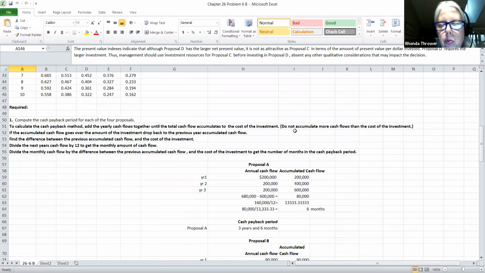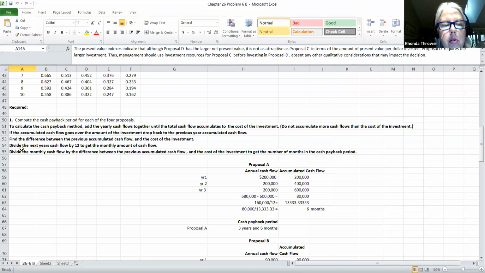We do not want to accumulate more cash flows than the cost of the investment. If the accumulated cash flow goes over the amount of the investment, we're going to drop back to the previous year's accumulated cash flow. Then we find the difference between the previous accumulated cash flow and the cost of the investment.